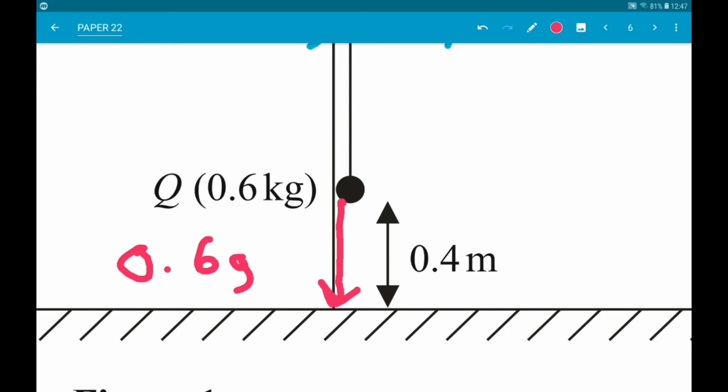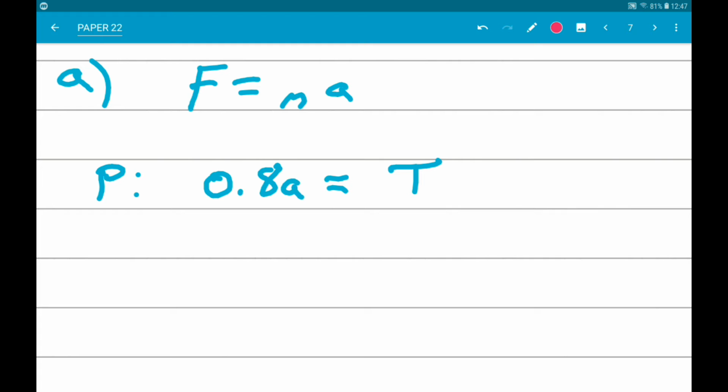So the resultant force at Q is 0.6g minus T. So at Q, mass times acceleration is 0.6a, and that is equal to 0.6g minus T.